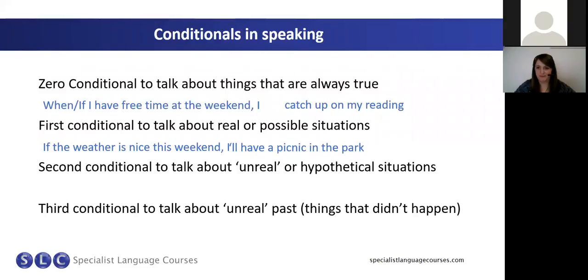Let's have a look at our second conditional. Now this second conditional is really getting up towards your complex structures for band 7 and above. So we're talking about a hypothetical situation. So our starter for this sentence is, if I had the chance.